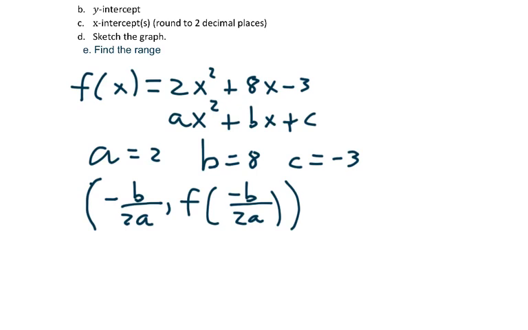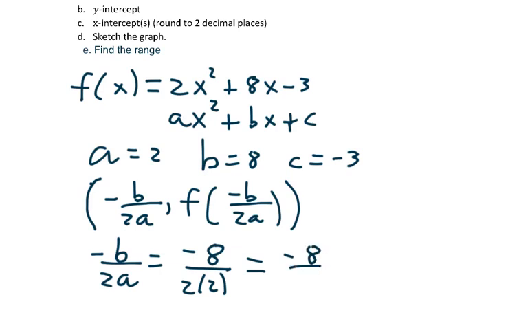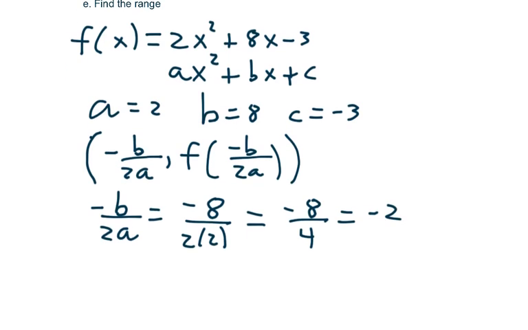So what's negative b over 2a? That's going to be negative 8 over 2 times 2. So what is that equal to? Well, that's negative 8 all divided by 4, which is negative 2.